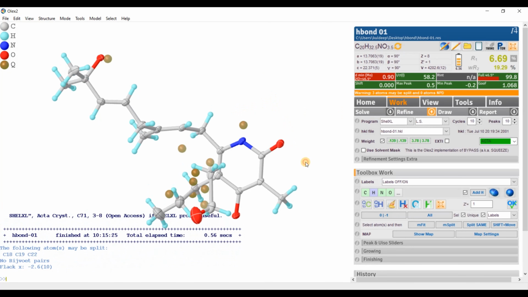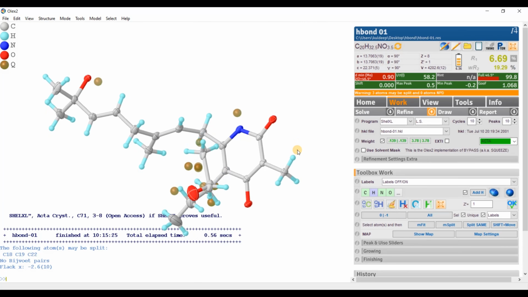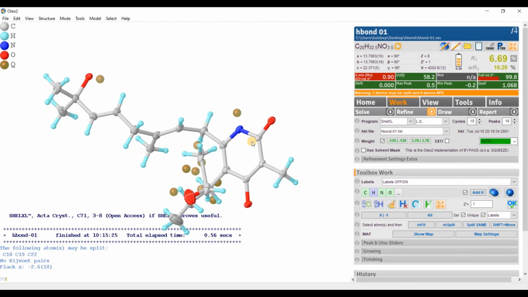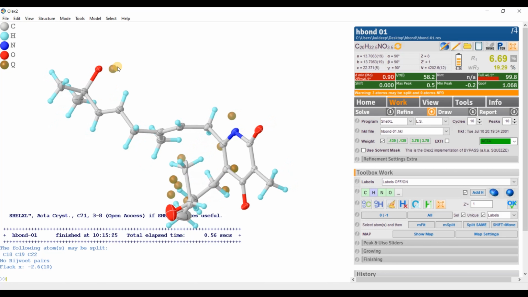Okay, so now if I want to locate the hydrogen on this oxygen and nitrogen, there seems to be a hydrogen atom here and a hydrogen atom here. So first let's place the hydrogen on this oxygen atom, and this Q peak is very appropriate for the hydrogen atom.